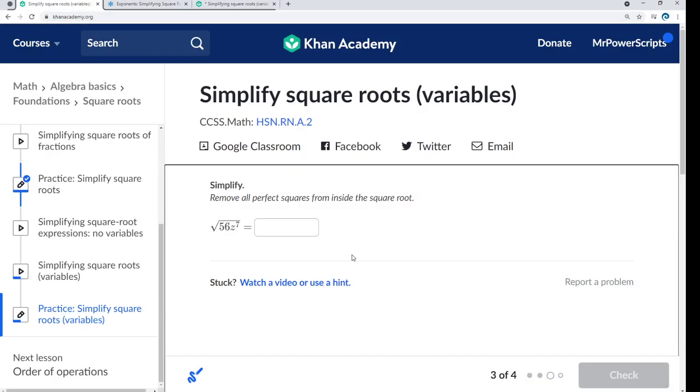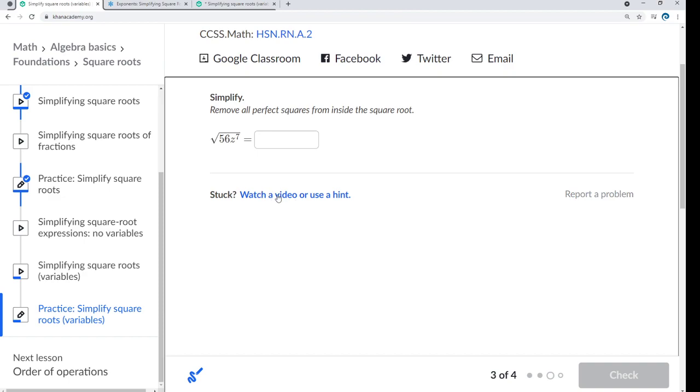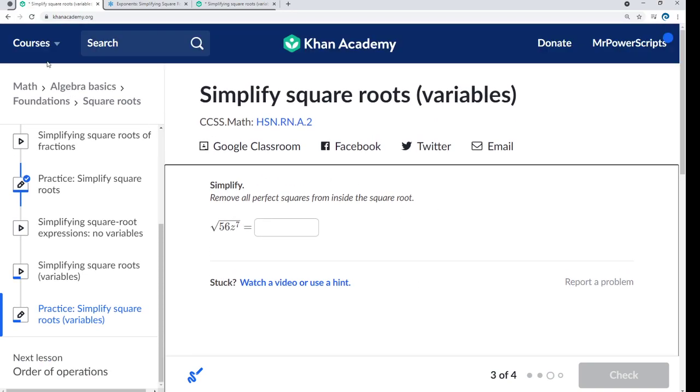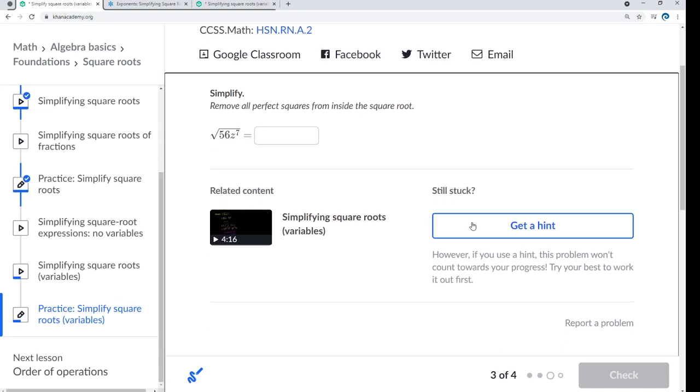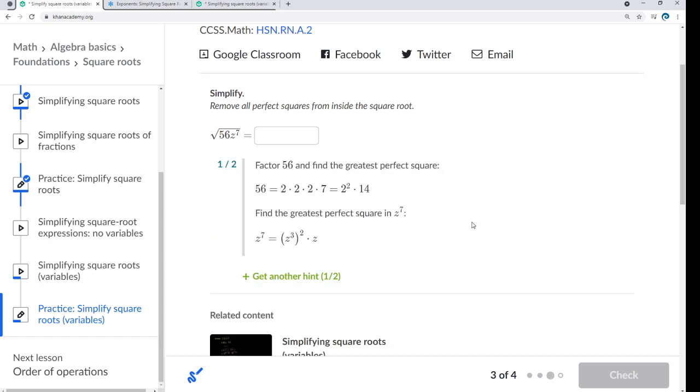I'm just gonna have to look at the answer again, because I can keep guessing. I would like to know how they do it, because they had 2 before. Factor 56 to find the greatest perfect square.